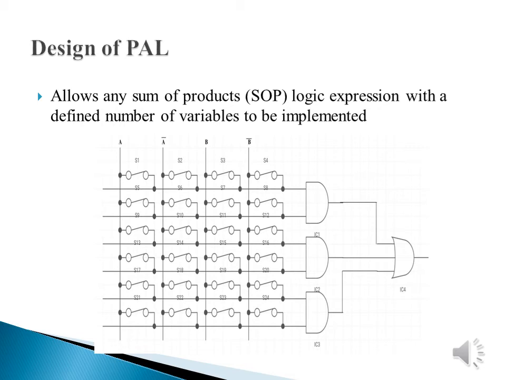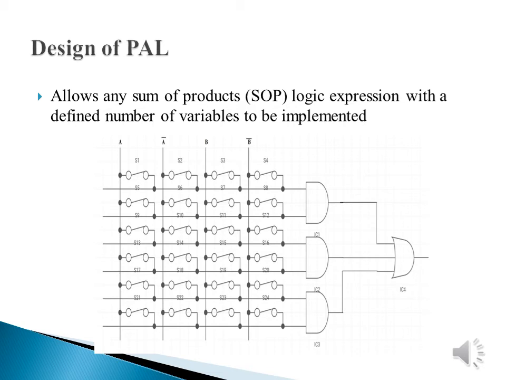A programmable array is essentially a grid of conductors forming rows and columns with a fusible link at each cross point. Each fused cross point of a row and column is called a cell, and it is the programmable element of the PAL.